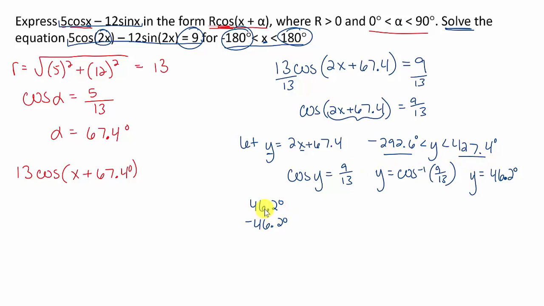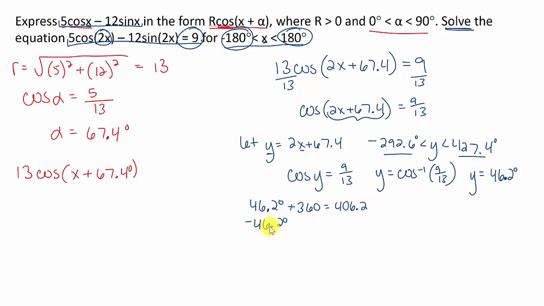Okay, so subtracting 360 from 46.2 puts me too far in the negative. It doesn't work. So let's add 360 to it. When I add 360, I get 406.2, and that is within these two numbers, but you can see that if I add 360 again, I'm going to be outside of that.